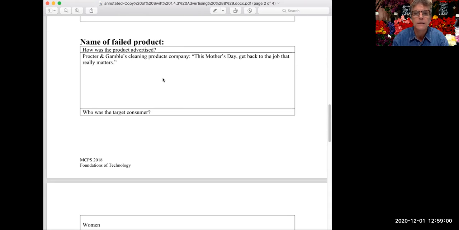And the idea that this ad campaign was so bad was fun. The one thing I feel I'm missing is, did just this ad campaign make this fail? I wish I had some numbers. I wish I had a better understanding of why this product failed so badly, other than their advertising was geared towards women wanting to scrub floors.